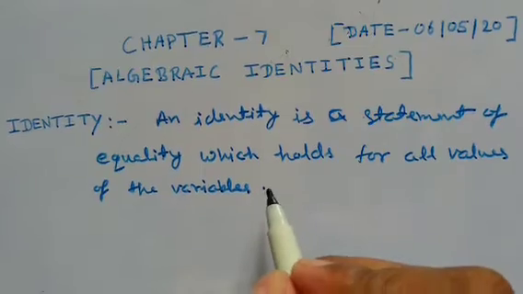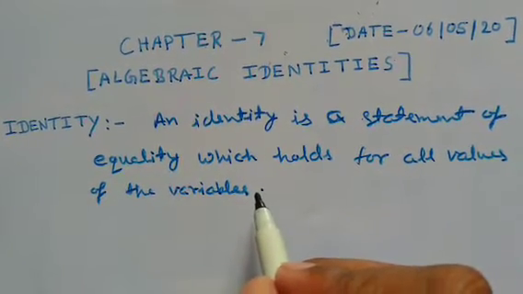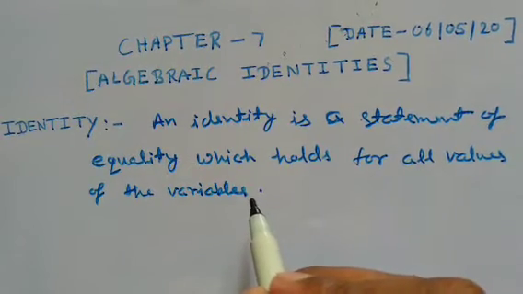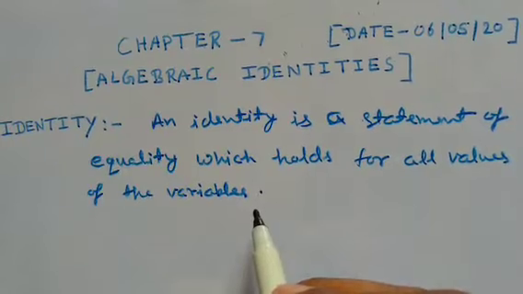It means when two algebraic expressions become equal and it is true for all values of variables, then it is called an identity.